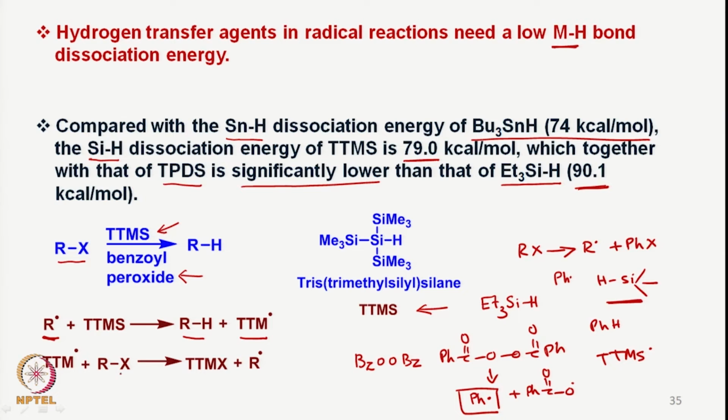This TTMS radical will take the X from here and regenerate R dot. So, essentially benzoyl peroxide initiates the reaction to generate a TTMS radical that takes the X from there and generates R dot, and the remaining TTMS then reacts with the R dot to get to the product R-H, and then regenerates the TTMS radical, which reacts with the R-X to generate R dot. This is how the reaction keeps on taking place.